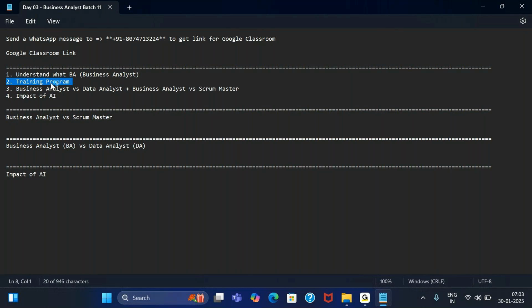For example, what's the difference between a BA and a data analyst? Are both the same? Are both different? What's the difference between a BA and a Scrum Master? Seems like both are non-coding roles, so where should I go? And then there is a growing fear of the growth of AI, which will take away all of the jobs. We will address that as well. So with that, let's get started.